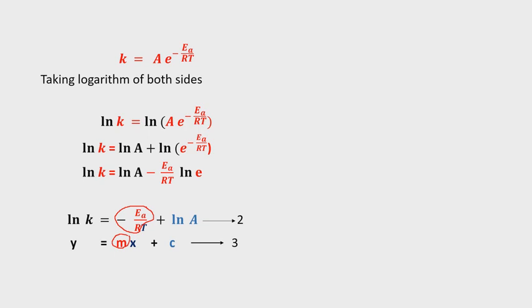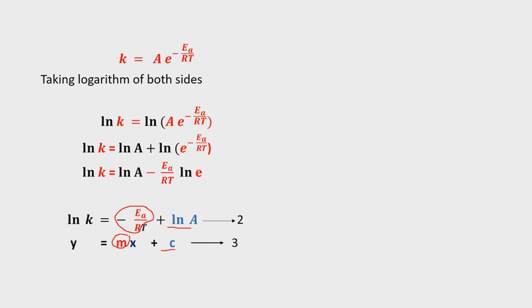So what is your intercept? c, and c equal to ln A. What we have discussed here is in terms of ln, we didn't use any log. Next we will see what happens in terms of log.